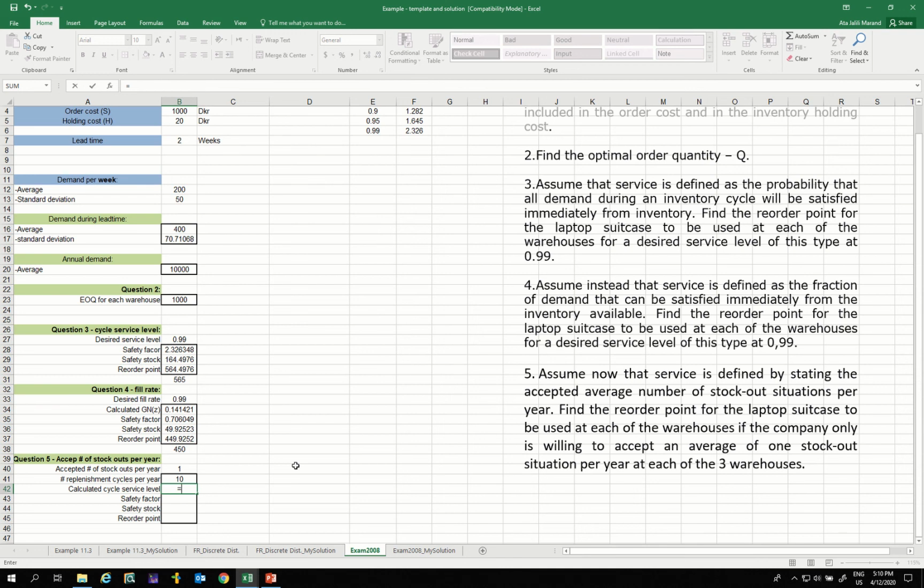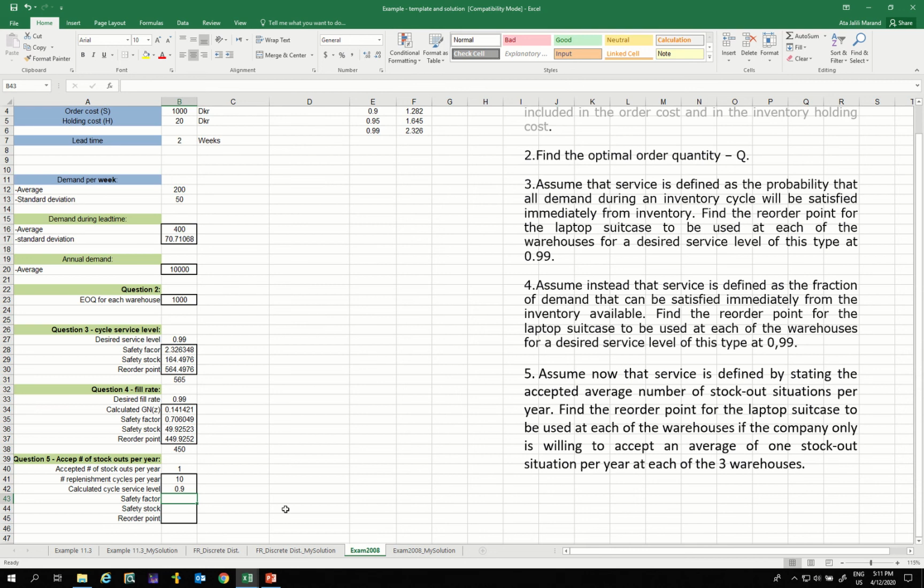So here, just 1 out of 10 we are allowed to have a stockout. So 10 minus 1, which is 9, over 10, the total number of replenishment cycles. On average, we are not allowed to have stockouts or shortages at the end of the replenishment cycle. So it means a cycle service level equal to 90%.